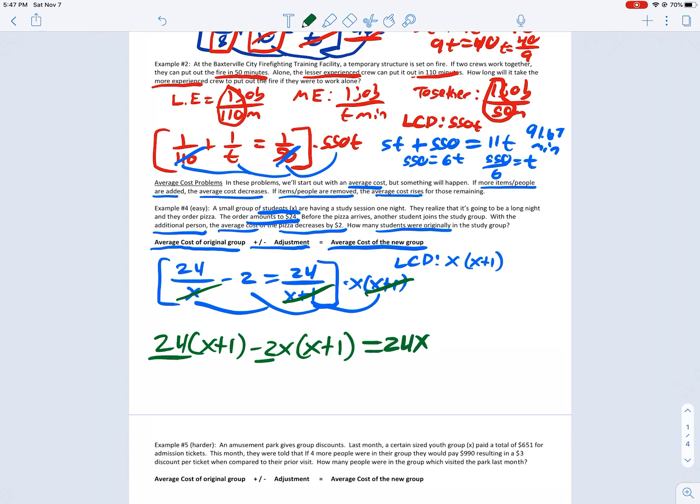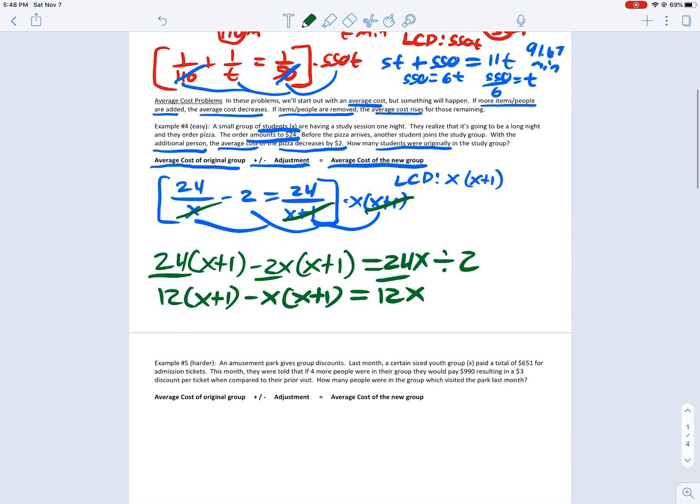Notice 24, 2, and 24, all divisible by 2. Okay, so now I'm going to distribute. So 12x plus 12 minus x squared minus 1x equals 12x.